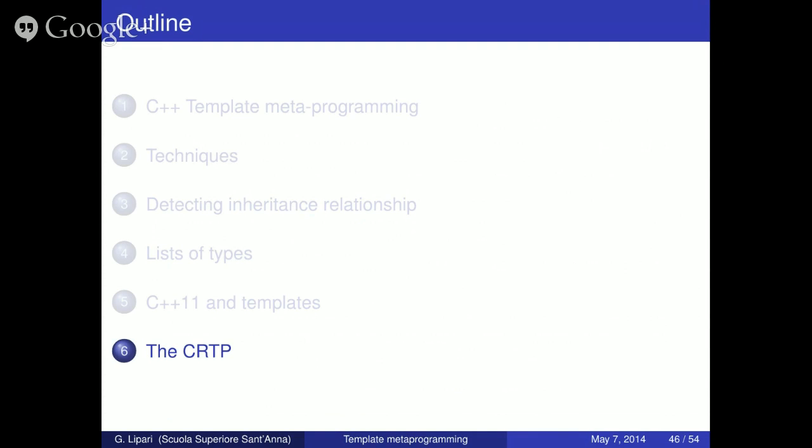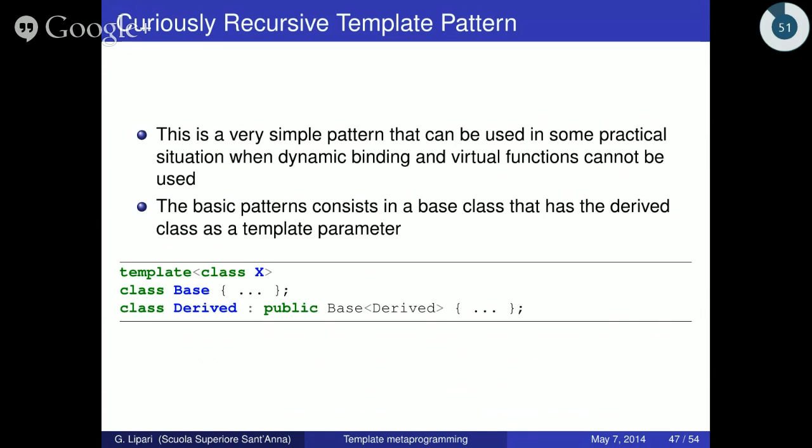Let's see what else. I'm going to explain now a technique which is called the curiously recursive template pattern. It's another nice pattern that can be used sometimes. In particular, it's useful when you cannot use virtual functions in your program for some reason, and you want something that looks a little bit like a virtual function.